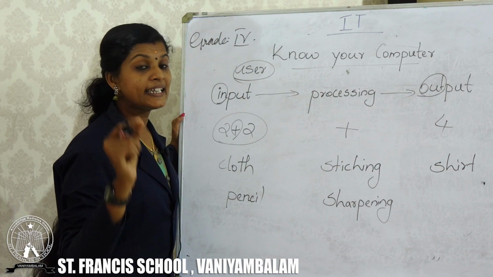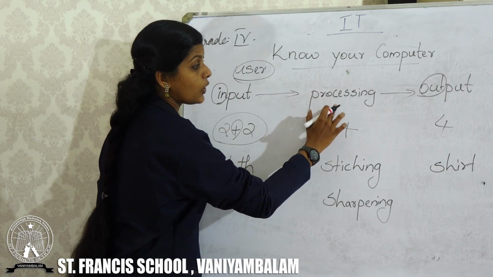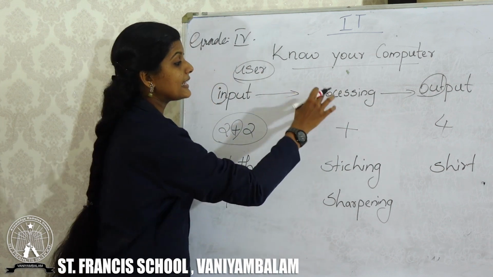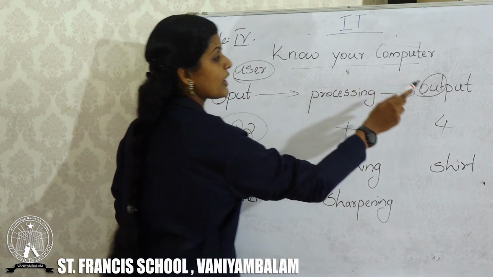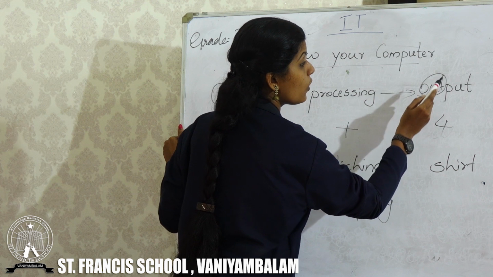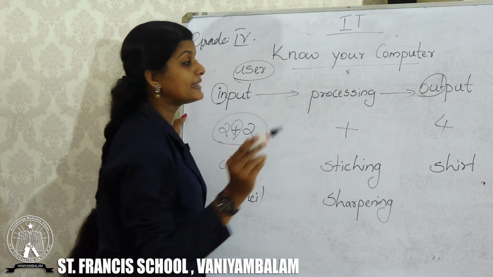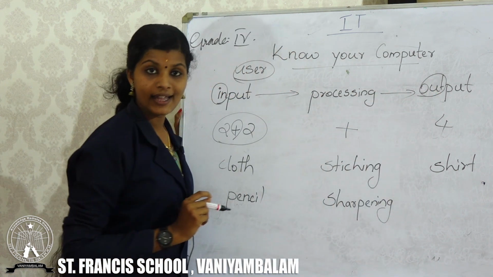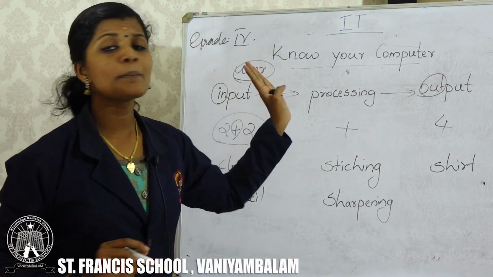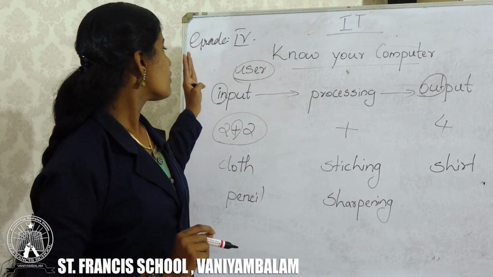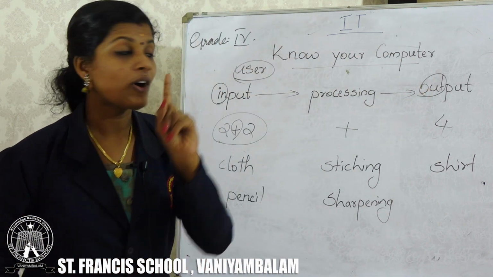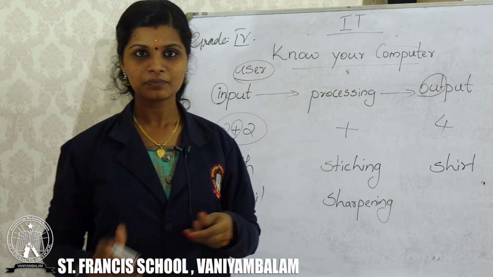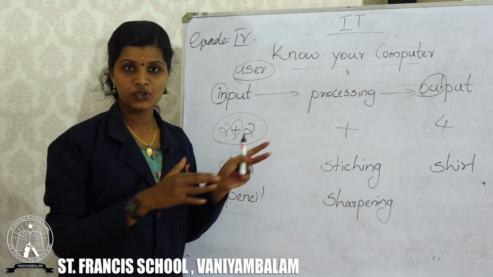If you are using a device for processing, then it is known as a processing device. And at last, if you are using a device for getting an output, then it is known as an output device. There are many devices used for input and output, but only one device for processing. So I hope you understood up to here.